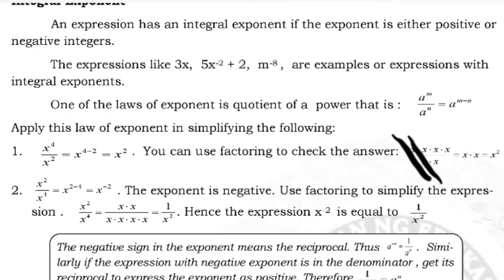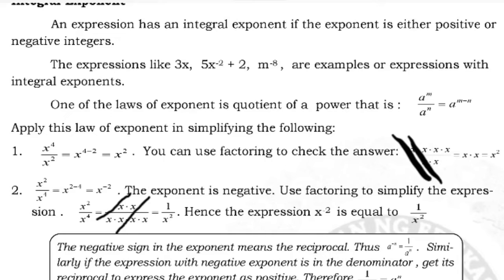Using factoring to simplify the expression, we're going to have x squared, the numerator, x times x, and for the denominator x to the power of 4, 4 factors of x, x times x times x times x. Okay? Then using cancellation method, cancel 1 x in the numerator and 1 x in the denominator, and another x in the numerator and denominator.